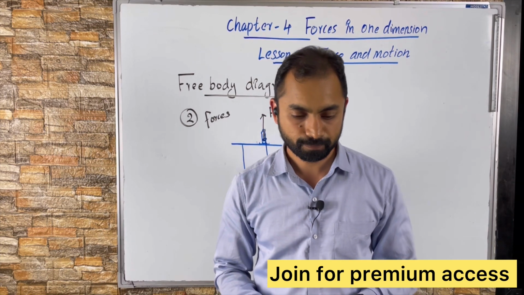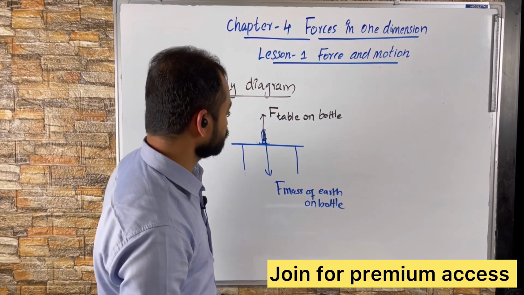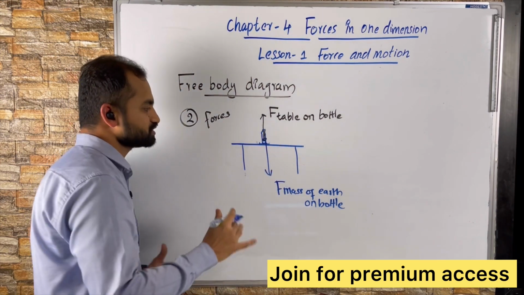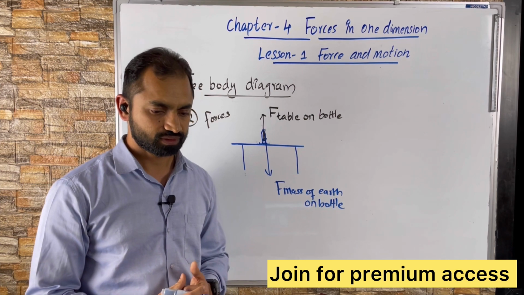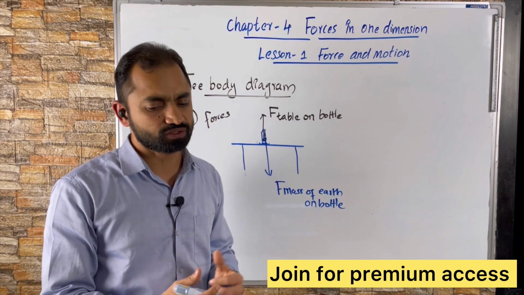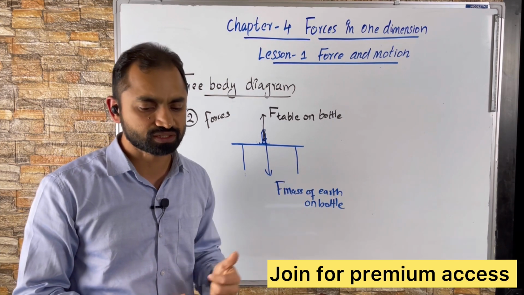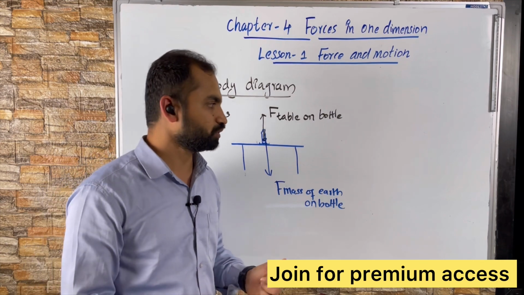Is it clear? Okay. So in the free body diagram, here what is our system? System is the object experiencing the force, right? Which object is experiencing the force? The bottle is the system.